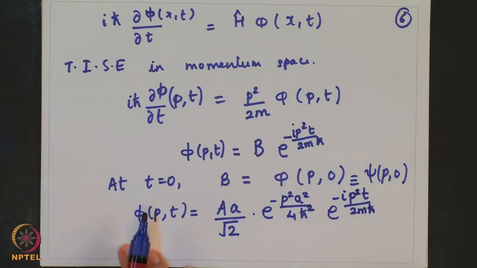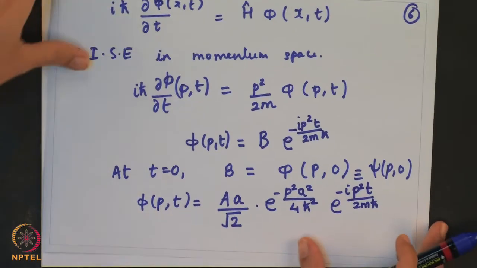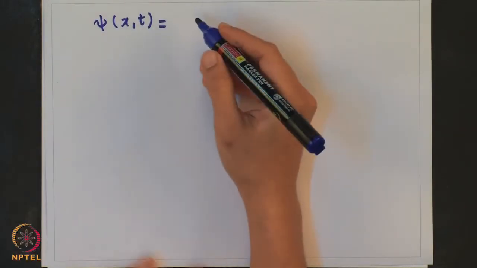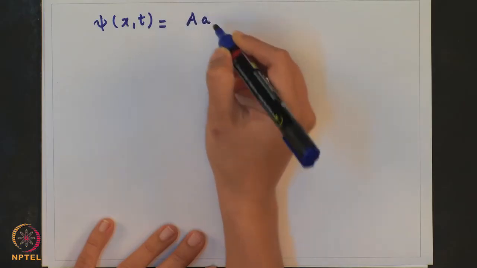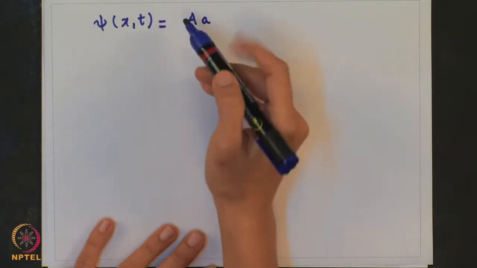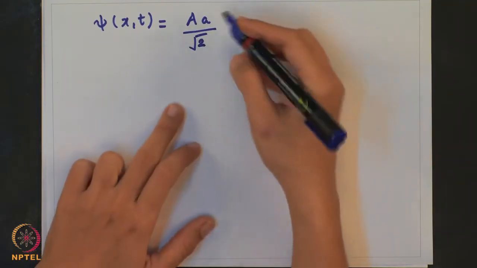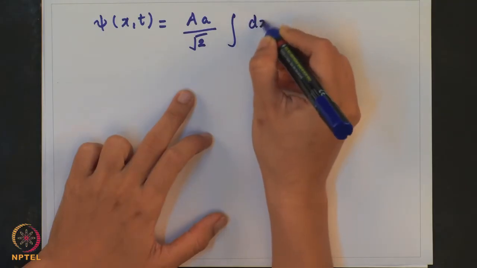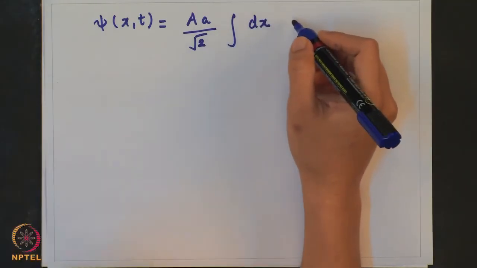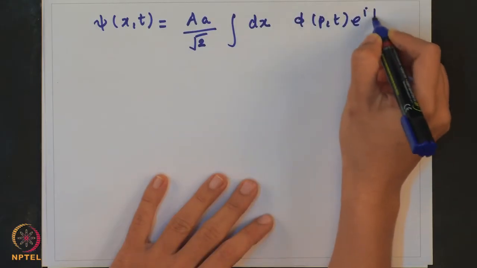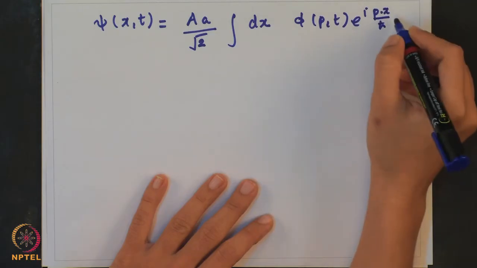Similarly, we will again take a Fourier transform to obtain the wave function in position space. So ψ(x,t) will be nothing but, again skipping one step where you have to integrate, the integral of φ(p,t) e raised to i p x upon h cross.